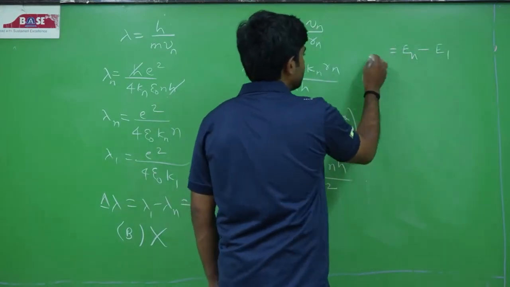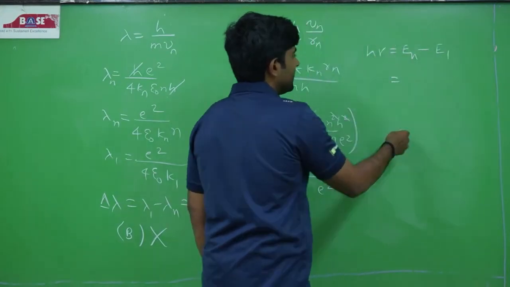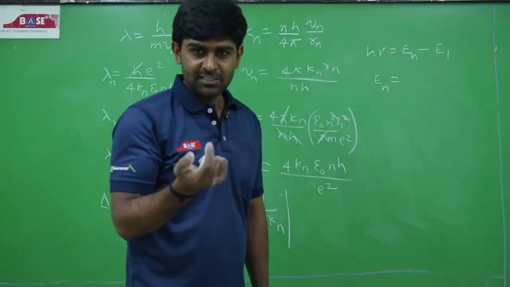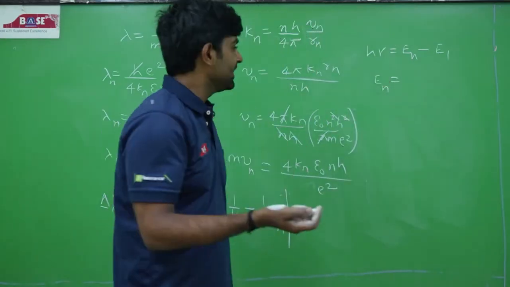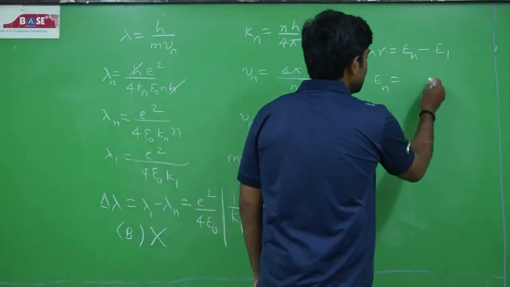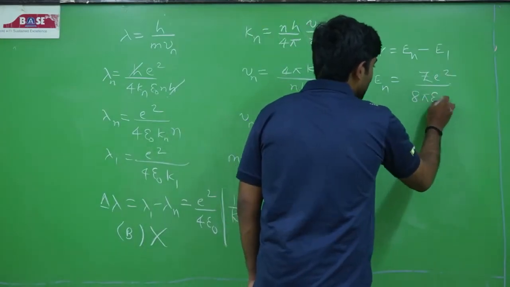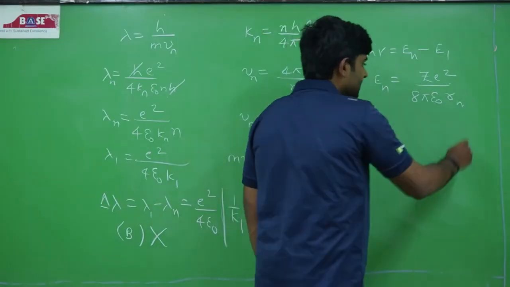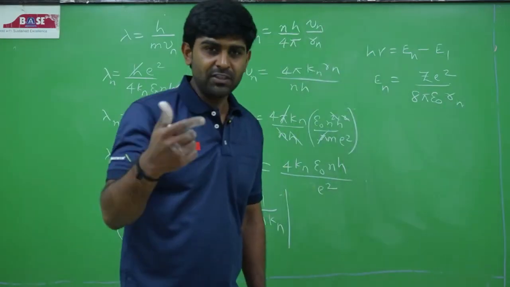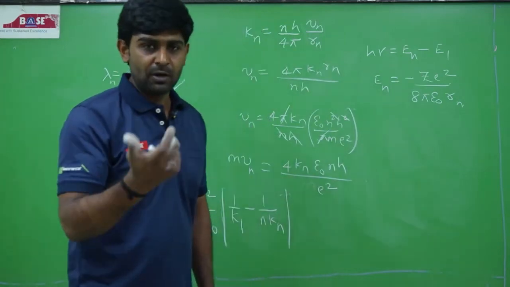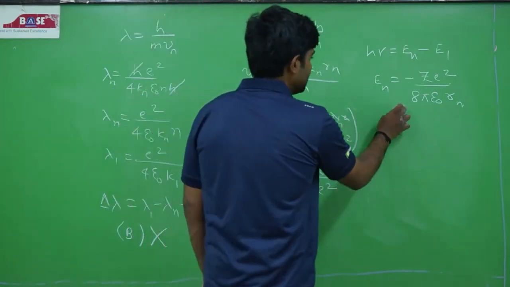So we'll have h nu, and the energy in the nth orbit, I think we would have memorized this. Energy in the nth orbit would be in general minus Z e squared by 8 pi epsilon naught r, because it's half of the potential energy, and negative because the total energy is in a bound state.